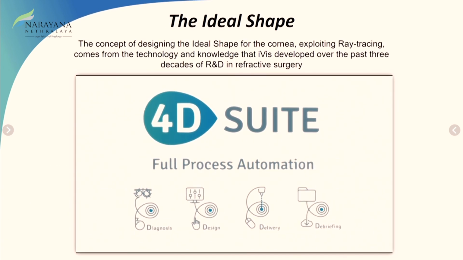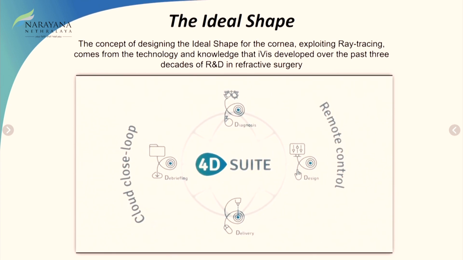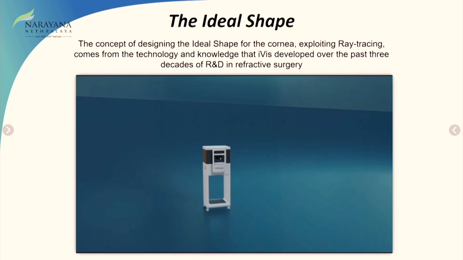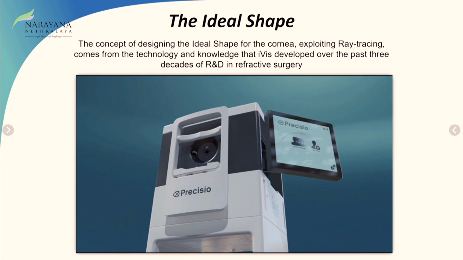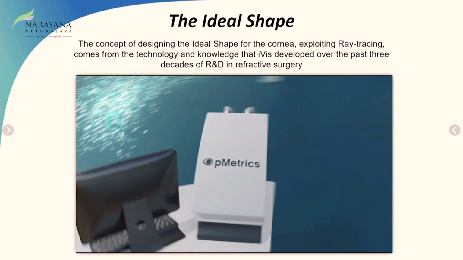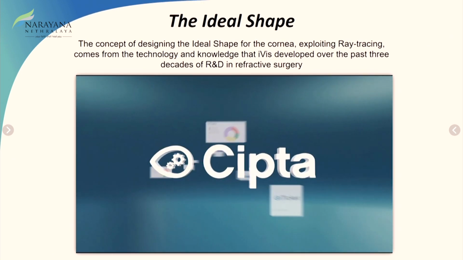So the idea of the ideal shape that comes from this novel technology of the Ivis depends on a multitude of machines that, first of all, depends on a high precision tomographer, which is called the Precisio, that takes with a high precision in 1 second a detailed tomography of the cornea.